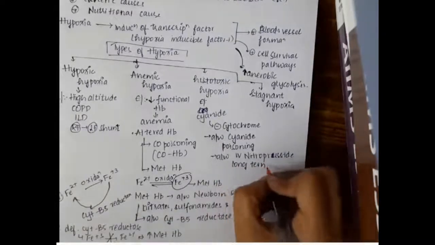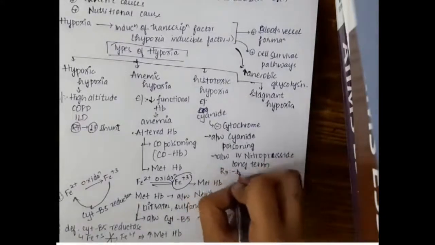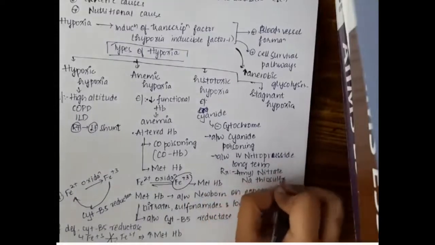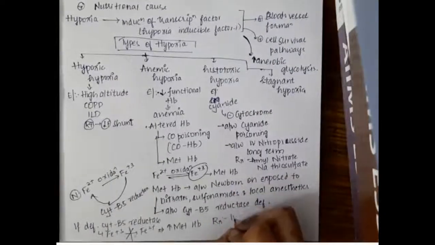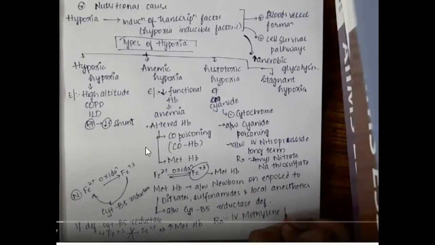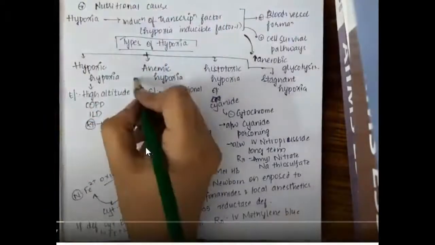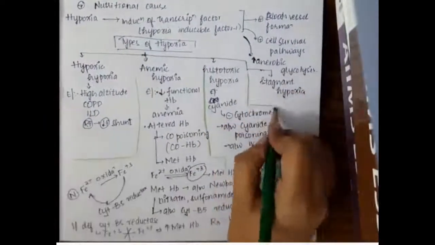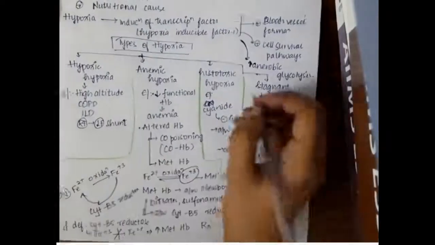This is also associated with long term IV nitroprusside usage. Treatment of cyanide poisoning or histotoxic hypoxia is amyl nitrate or sodium thiosulfate. Whereas for anemic hypoxia, IV methylene blue can be used.